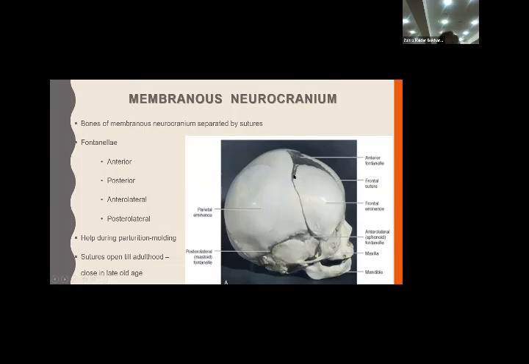This is called the anterior fontanelle. It is an extremely important area because this large diamond-shaped area remains open until 18 months of age, that is, 1.5 to 2 years after birth. The bones do not meet. This is important.